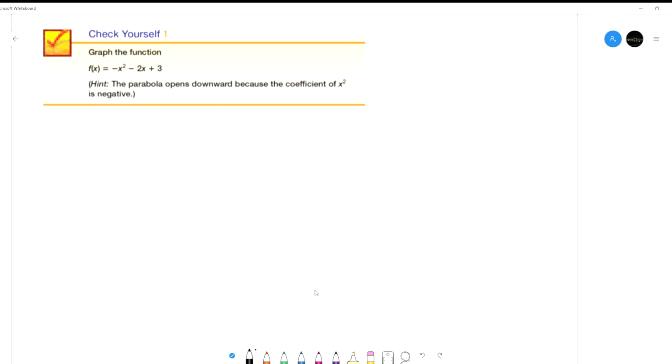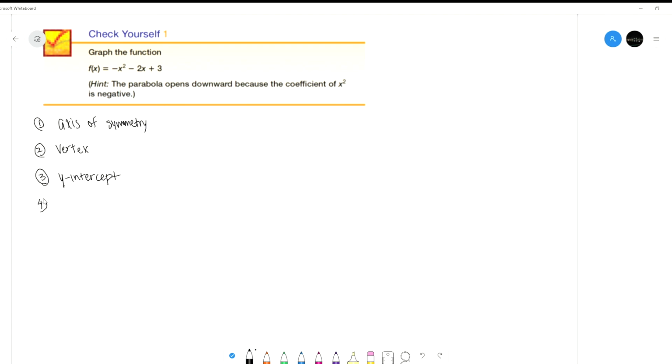Pen is black. Okay. So the first thing we need is the axis of symmetry. Right? And the second is vertex. The third is my y-intercept. Right?